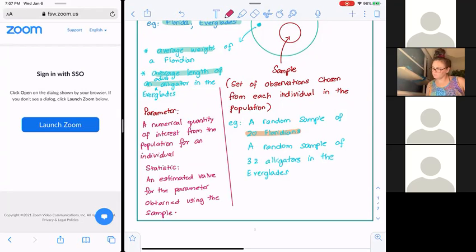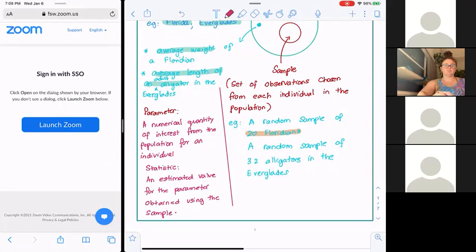As I mentioned earlier, if I look at those 20 Floridians, as long as they are randomly selected, and record their weight and take the average, that is going to give us information about the average weight of a Floridian. So that is an estimate for that parameter.